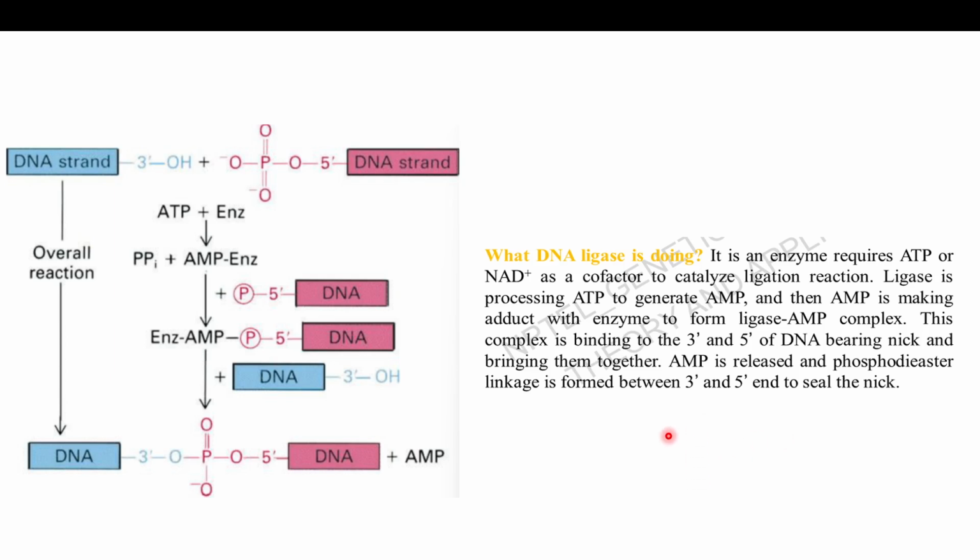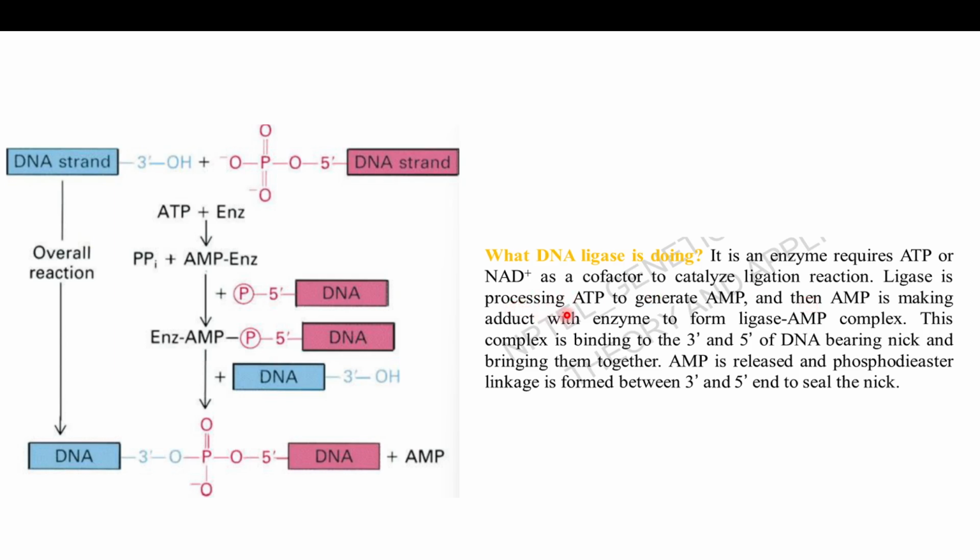Now, what happens in a DNA ligase reaction? We were reading that DNA ligase joins a nicked DNA strand. This is an enzyme which requires ATP for its function, or NAD+ as a cofactor, to catalyze the ligation reaction.